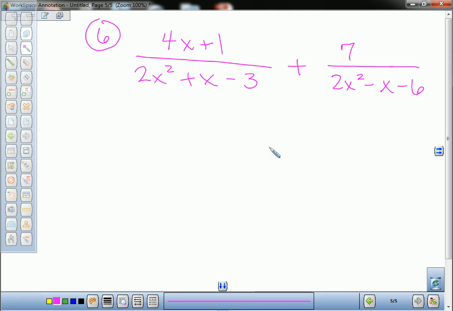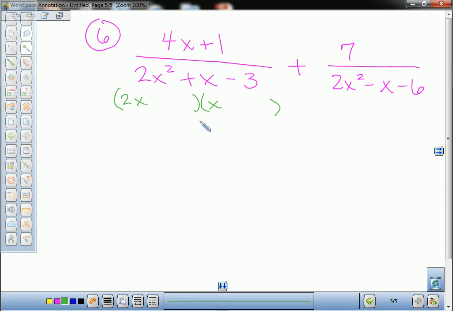So that means we have to factor, which is really good because we need practice. All right. So this has a leading coefficient of 2. So the only way to get 2 is 2 times 1. What is the only way to get 3 with integers? Yes, 1 times 3.